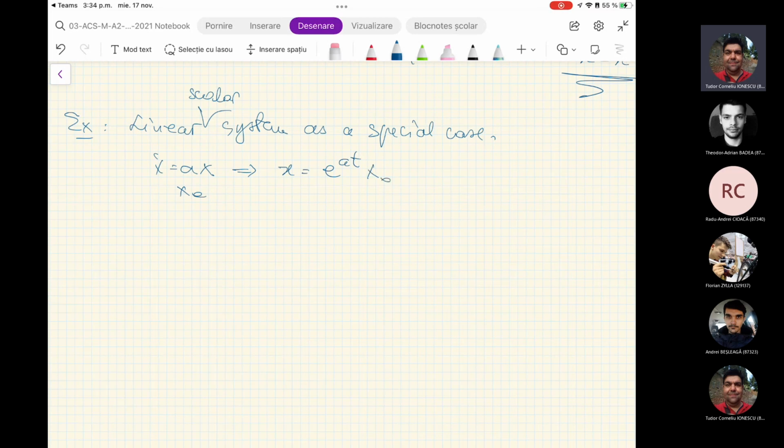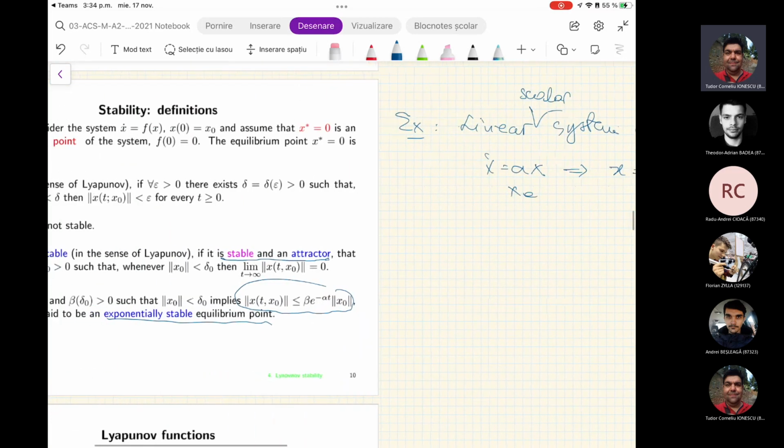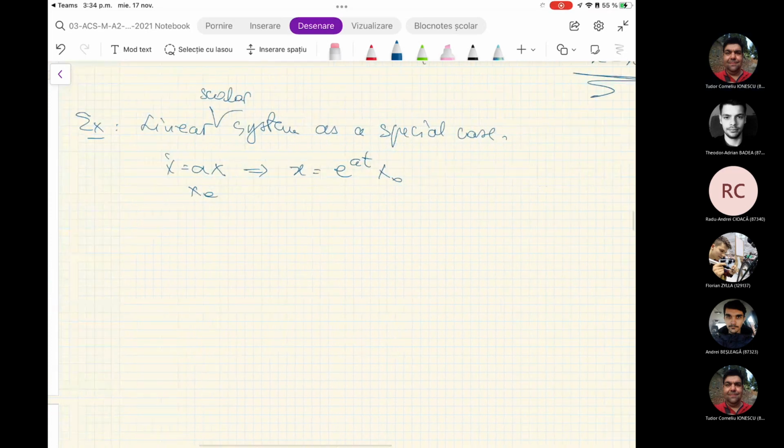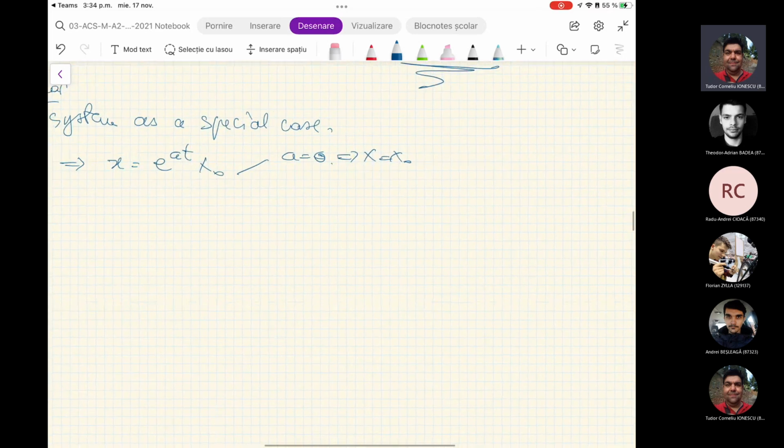And now we have the discussion about a. If a is zero, then x is x naught, so we have stability in some sense. So nothing happens.